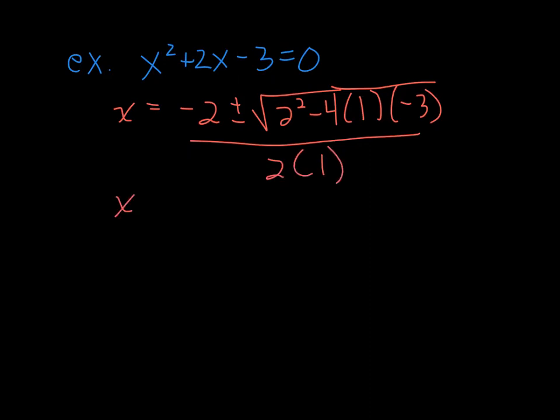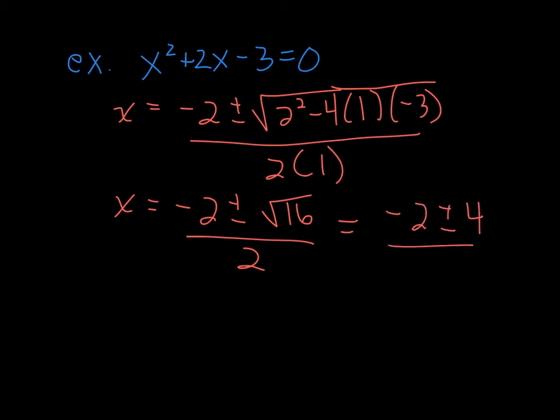So if I simplify what's in the square root first, I get negative 2 plus or minus the square root of 16 over 2, which gives me that the solutions are negative 2 plus or minus 4 over 2.